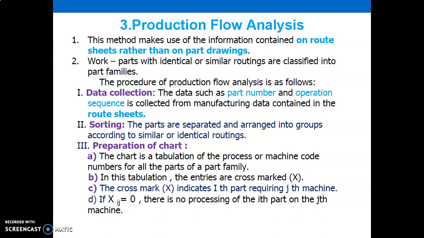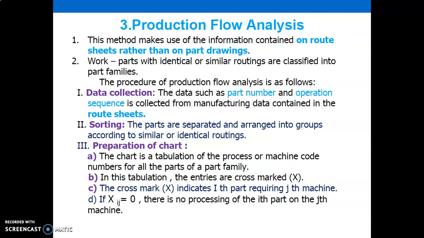Data collection. The data such as part number and operation sequence is collected from manufacturing data contained in the route sheets. Sorting. The parts are separated and arranged into groups according to similar or identical routing. Preparation of chart. The chart is a tabulation of the process or machine code number of the part family.